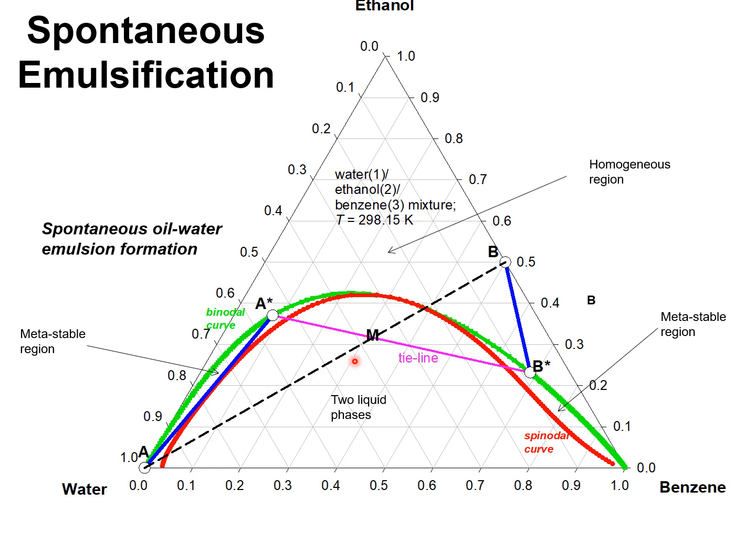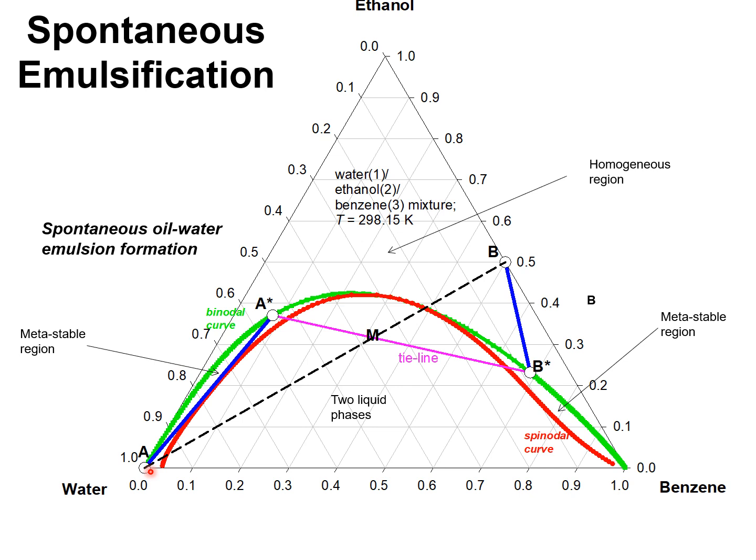The mixture composition is M, and since point M lies in the two-phase region, it will split into two phases with compositions A star and B star. This implies that the water phase will equilibrate to A star, and the ethanol benzene mixture will equilibrate to B star.